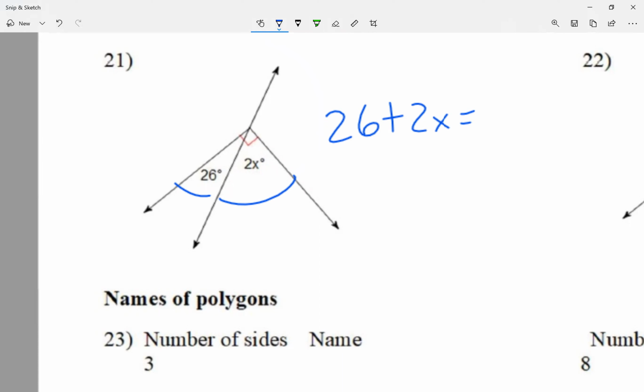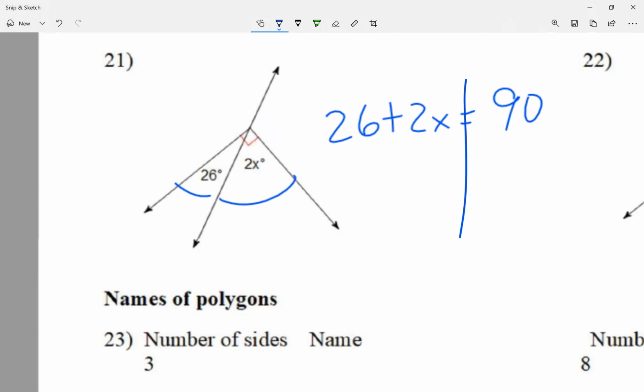Interesting though, focus right here. That's 90 degrees. The 2 small angles combined equals 90. Now that little red box, notice how I call it 90, because we talked about this last week, that when we see a red box, that is equal to 90. So I'm going to say 26 plus 2x equals 90.